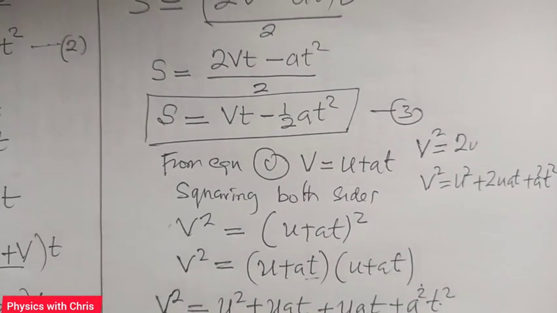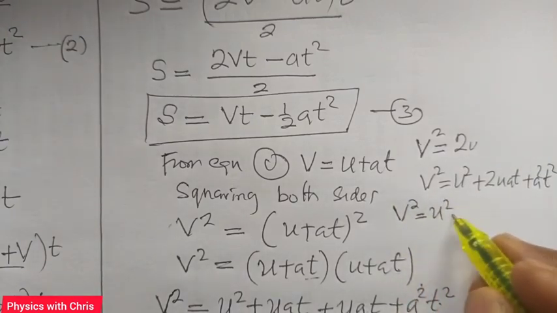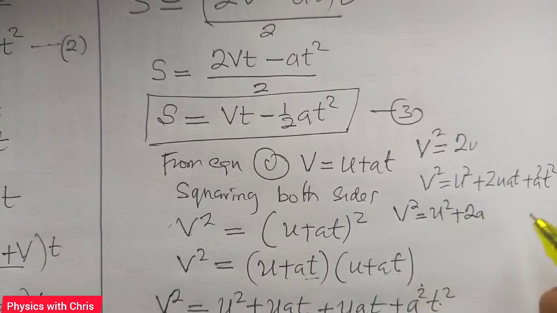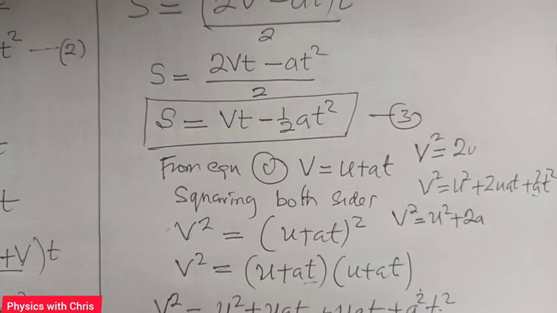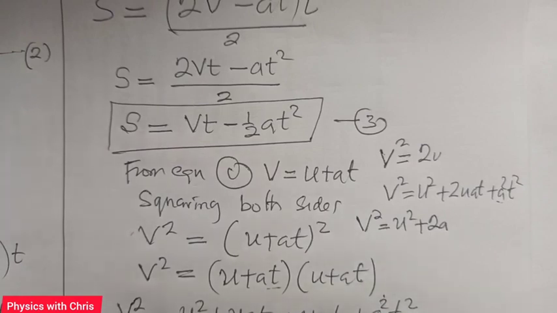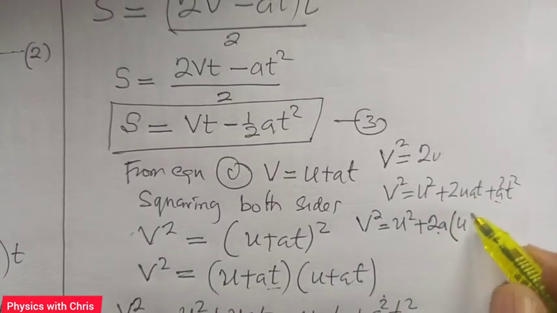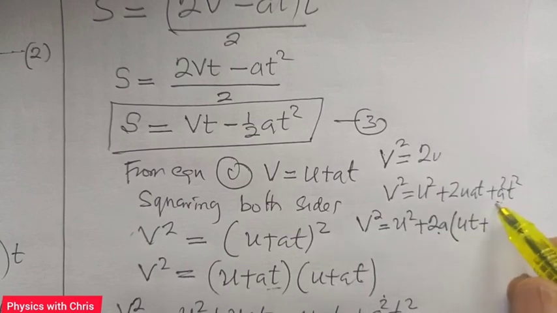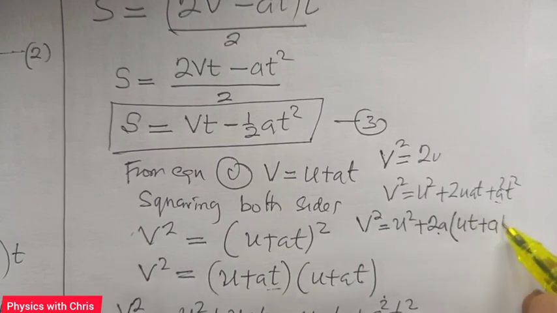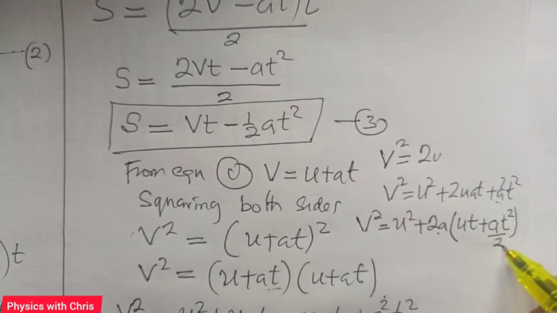Okay, so I want to factor out 2a from these two terms. When I do that, I have 2a times what is left here, ut, plus what is left here, at squared divided by 2.